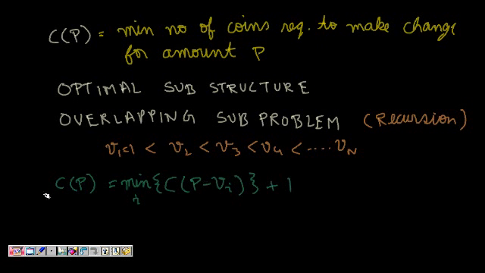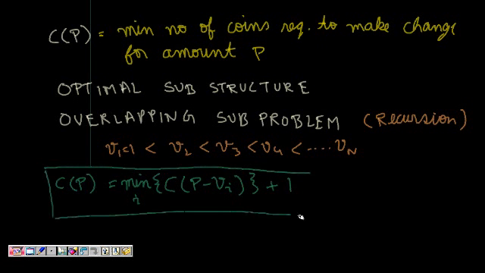This is the recursive solution that we can write, and you will see how beautiful it is. C of P, the minimum number of coins required to make change for P, is the minimum over all i, where I have the coins V1, V2, V3, so i is from 1 to n, so I can choose any of these coins.